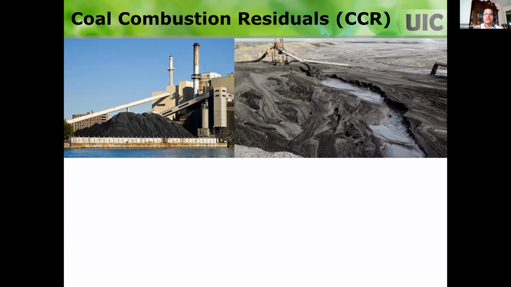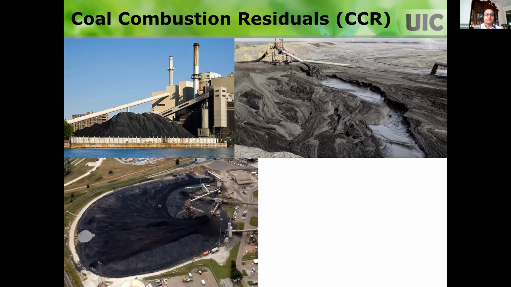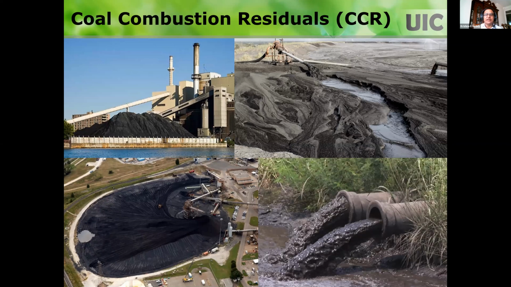And in the past, they used to mix it with water and pump it into nearby unengineered ponds, just open pits, and these materials have toxic metals in them, so they basically infiltrate into the ground, and then when it goes into the groundwater, they could be transported and get into the rivers and surface water sources. So it's a big problem.